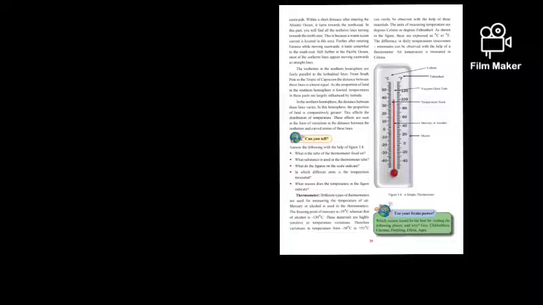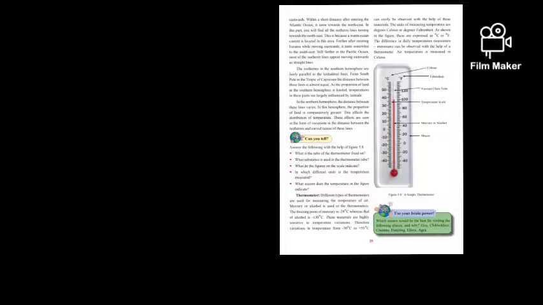Okay, on one side it is written C, on the other side F. C means Celsius and F means Fahrenheit. Then at the center you can see there is a vacuum glass tube. Okay, just see page number 29, figure 5.8.